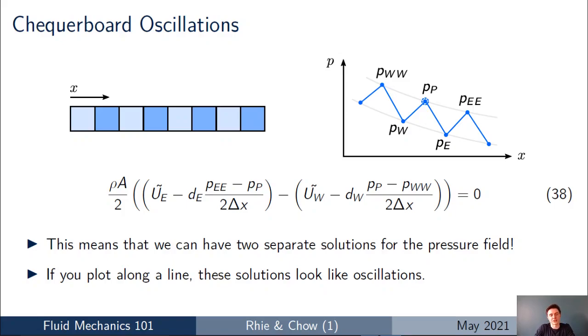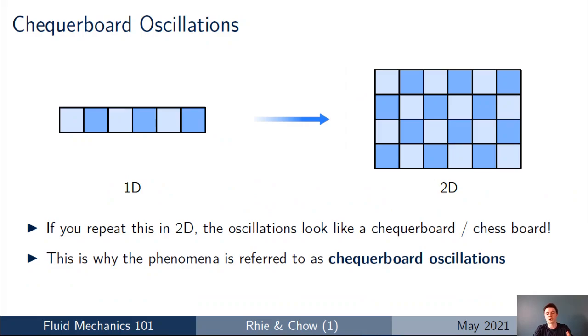What we've considered so far, and the derivation that I've done, is only for the 1D form of this pressure equation. But you can quite clearly see where these two solutions are and where they might exist. Now, if you were to repeat this in 2D, what you would find is that the pressure at the centroid of the cell you're interested in only depends on the pressure in the cells 2 units away along the x-axis, but also 2 units away along the y-axis.